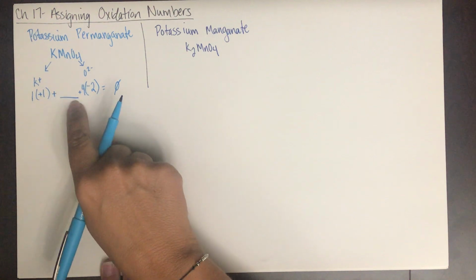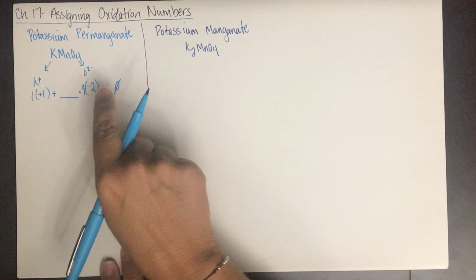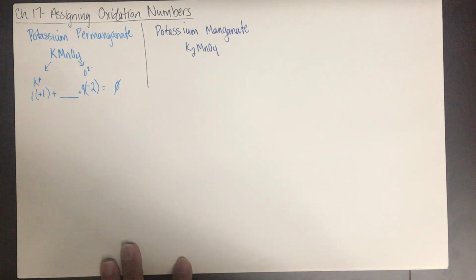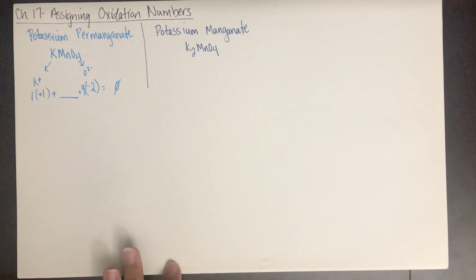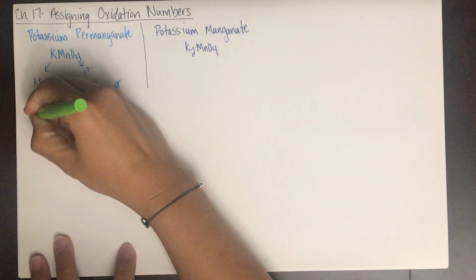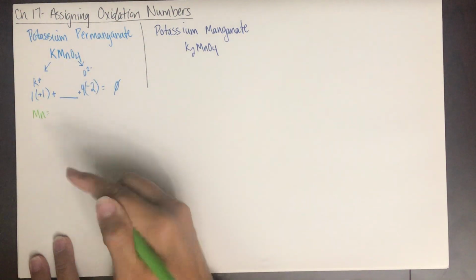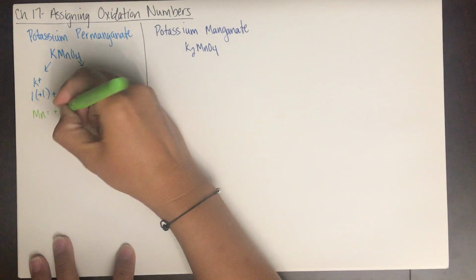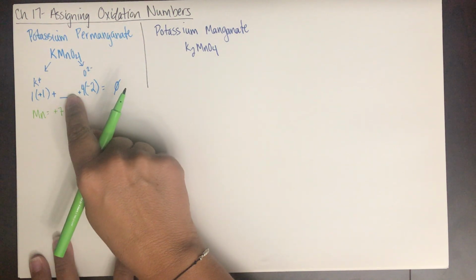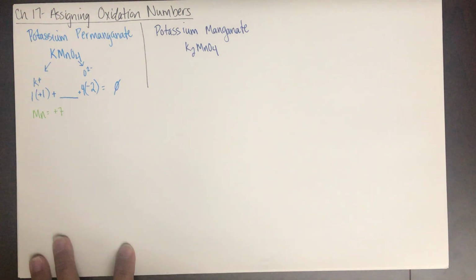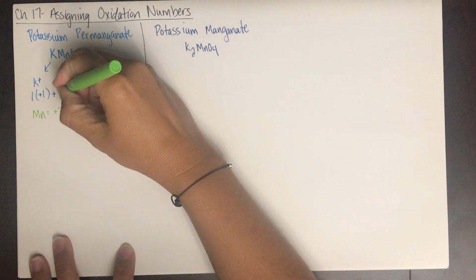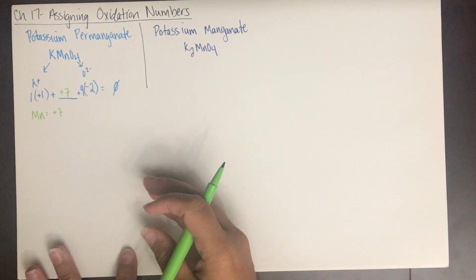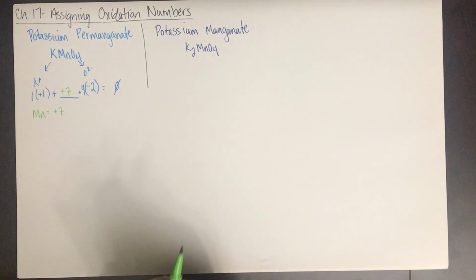So +1 plus something plus -8 equals 0. So that means that the oxidation number of manganese in this compound has to be +7, because +1 plus 7 plus -8 equals 0.